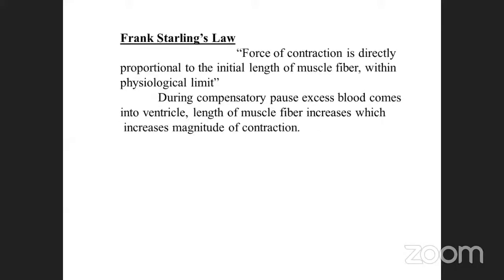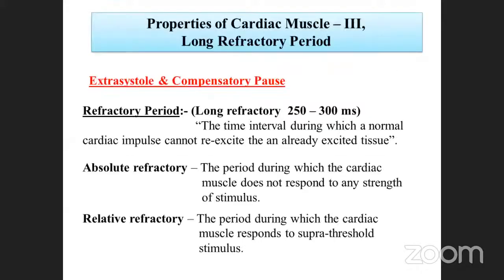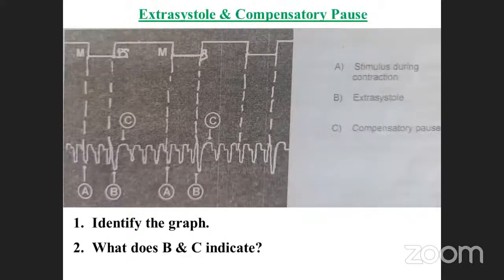Then there is the Frank-Starling law. For what reason? In the diagram, after the compensatory pause, the heart contraction should be more. The extra contraction should come here, but it is not shown. Is it clear? It should actually be here, but it is not. What is this actually? A stimulus during the contraction.